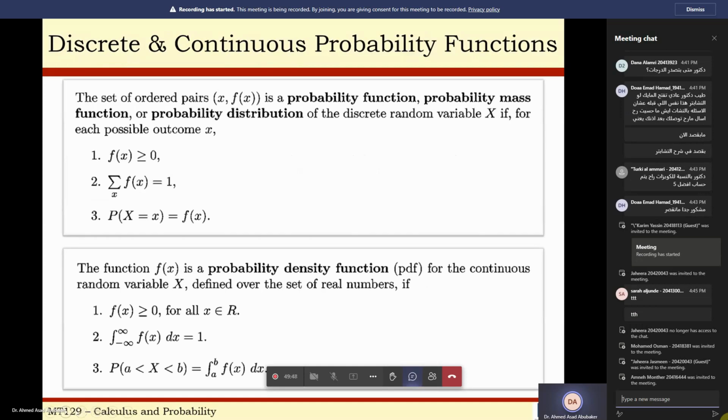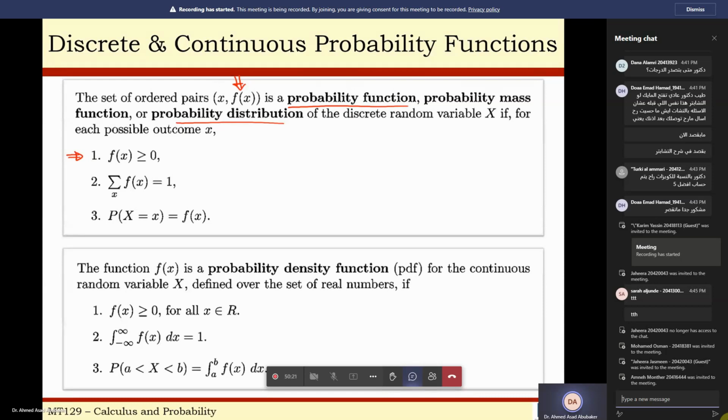If we have discrete, the probability function, f of x, is called the probability function, probability mass function, or probability distribution. We have many names for the probability function denoted by f of x. It must be positive, because this is probability.